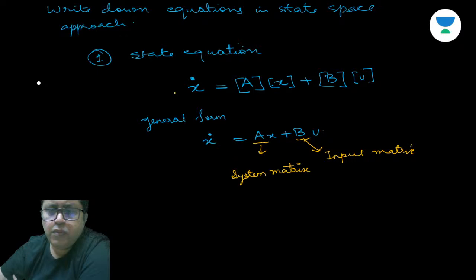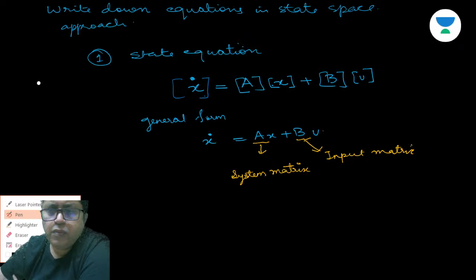So when I say x dot, this is x dot, this is the input matrix, this is the output matrix. What is the size of x dot? Size of x dot is n into 1.